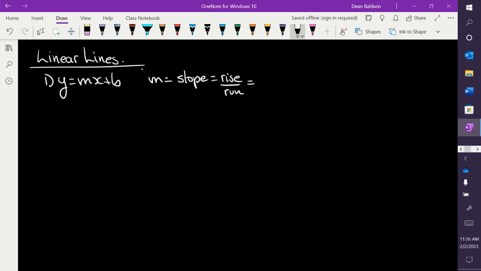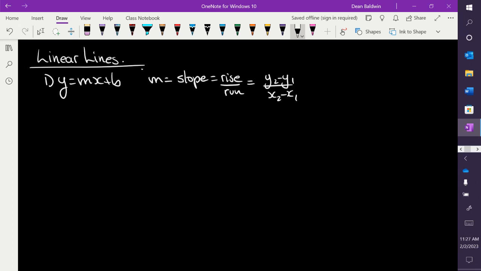Flip it, because the rise are the y values, so y2 minus y1, and the run is the x values, x2 minus x1. That equation, slope is equal to rise over run, is equal to y2 minus y1. That is one of the key factors in the development of calculus. You'll see that in a couple of weeks.